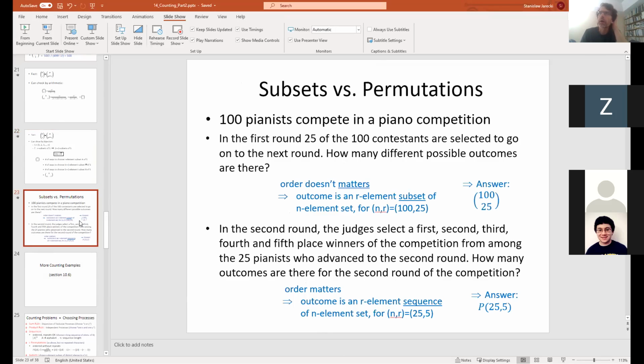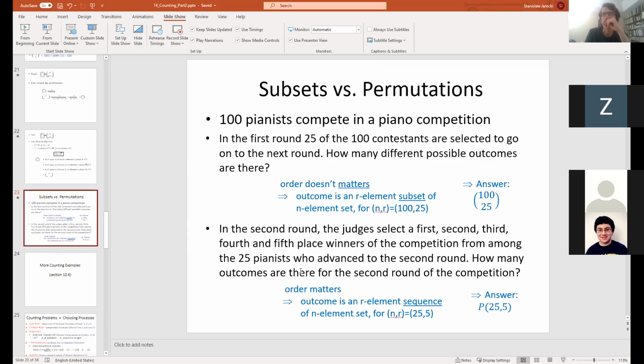So where do you count permutations and where do you count subsets? Just an example. You have pianists in a competition, and you want to select 25 of them to go to the next round. The order doesn't matter. So it's 100 choose 25. You choose 25 elements out of 100.